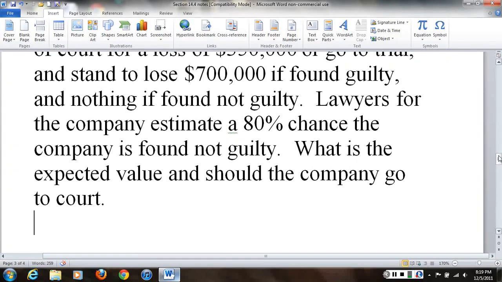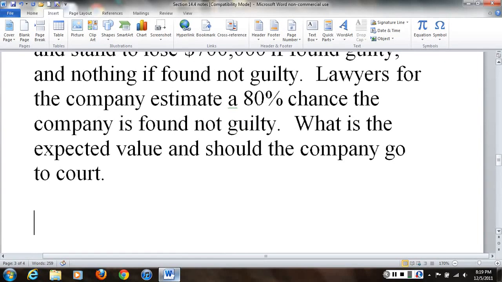So, let's use our math. We'll say the value of being found not guilty. Now we're considering loss. You have to think of it this way. The value, or what you expect to lose, would be 0.